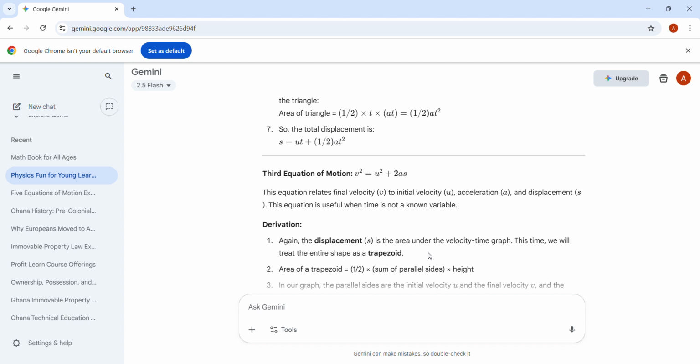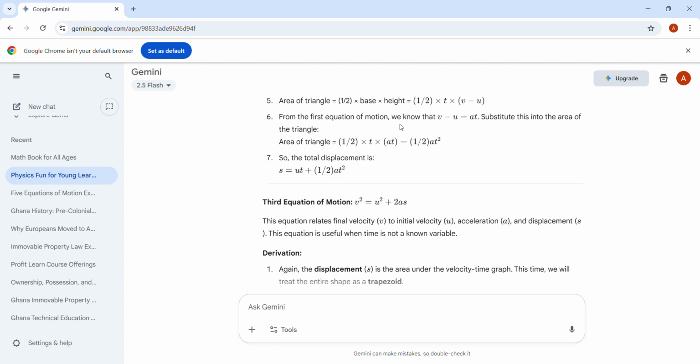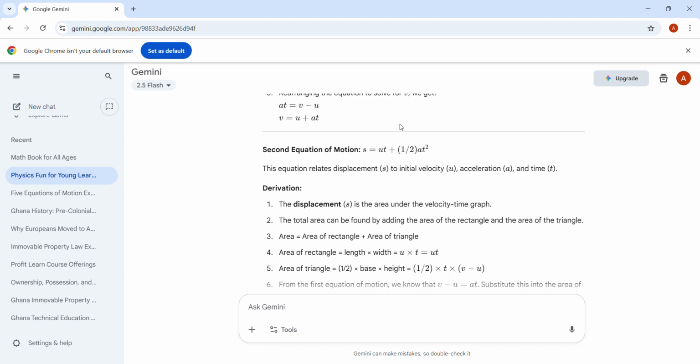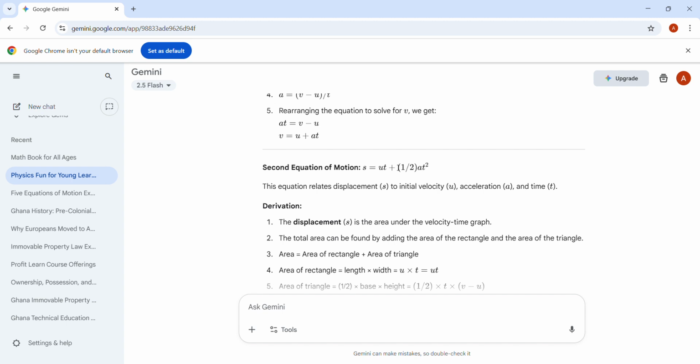So here, this is the second equation, let me go back and get it well for you. We want to have an expression with acceleration a and u. So our equation s is equal to v plus u over 2 times t. We can replace the v by an expression that has a in it.